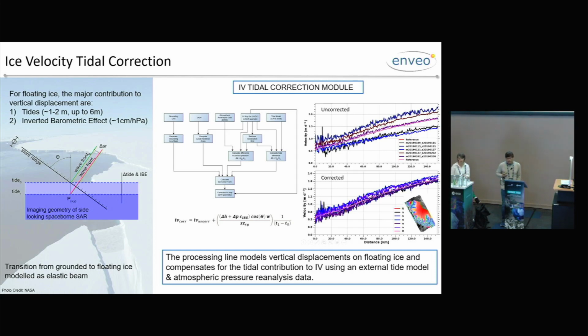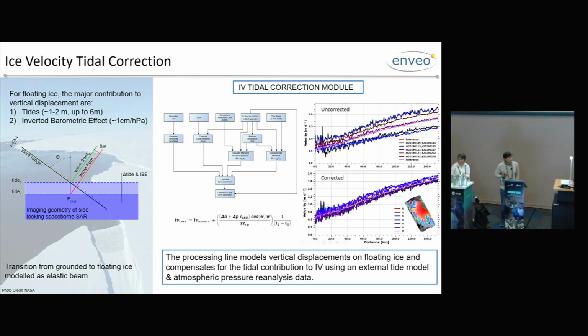For this, we are combining a tide model, the CATS 2008 model, which is calculated for the acquisition dates when we are combining the SAR images, and this is projected towards the line of sight directions, and then we get the displacement and can correct for the tidal motion. Additionally, we are also correcting for the barometric effect.